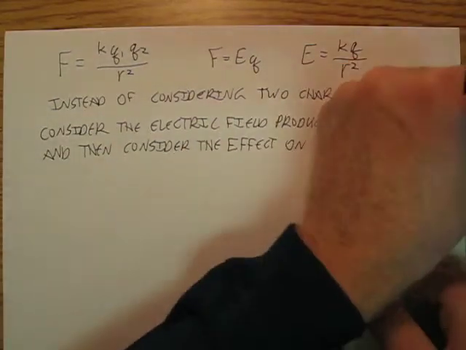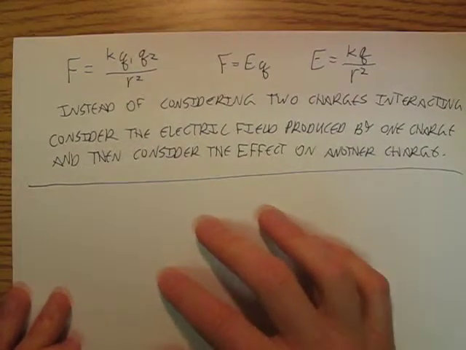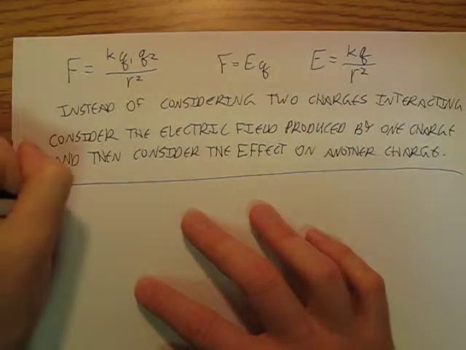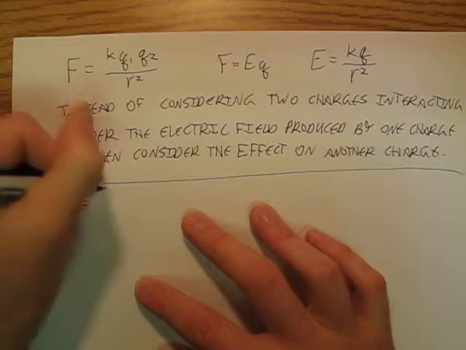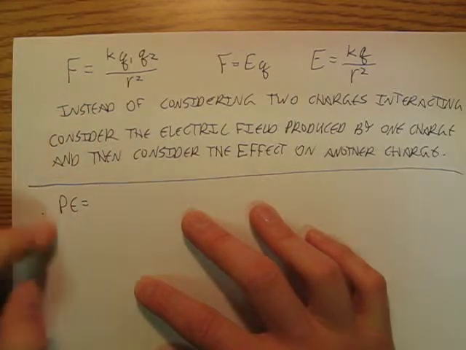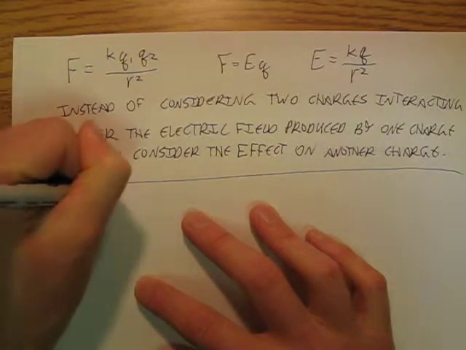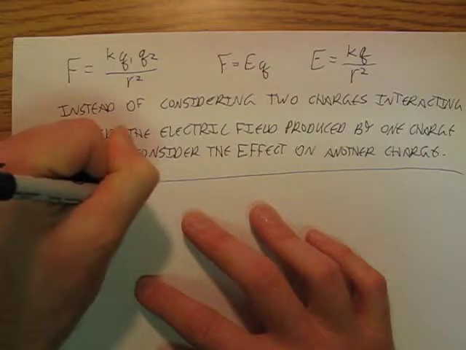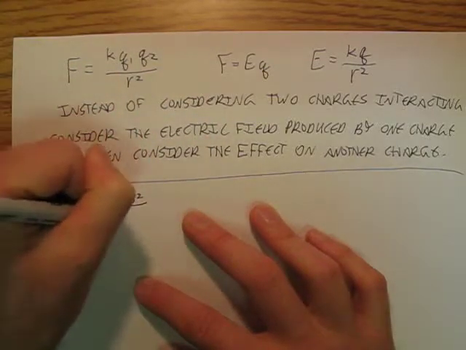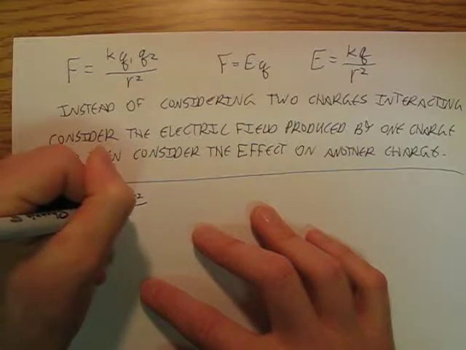And so we're going to do the exact same idea here. We're going to say that the potential energy equals negative KQ1Q2 over R, not squared.